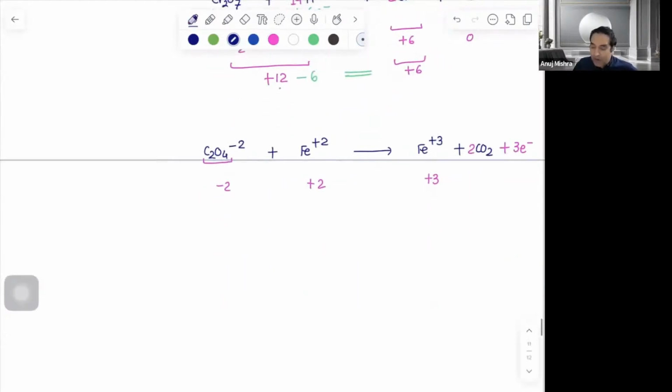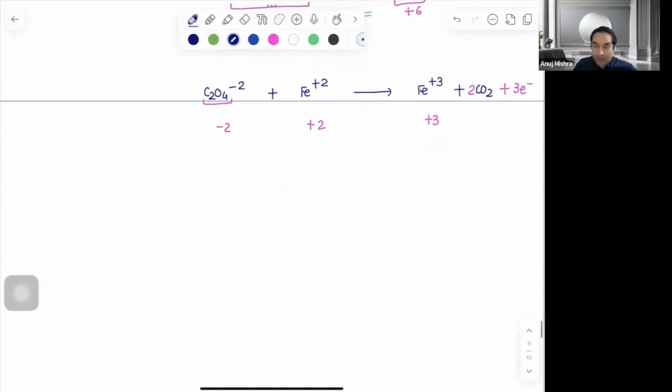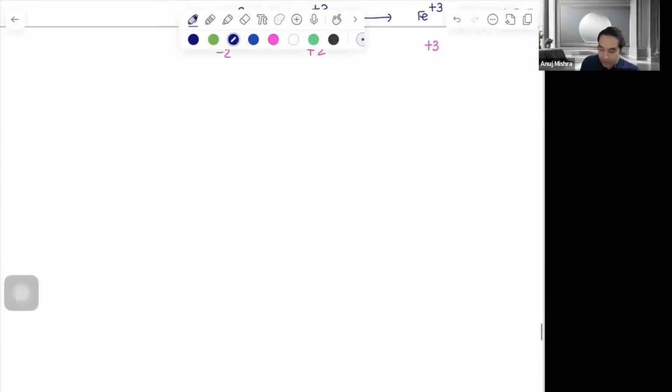Okay. Now let's try out some more questions in balancing redox reactions. I'll give you some questions. Please try to attempt.